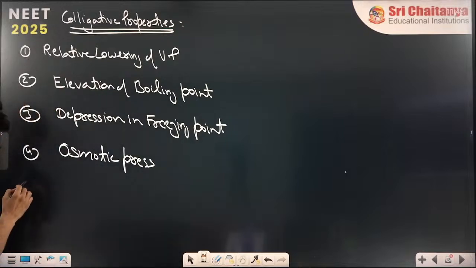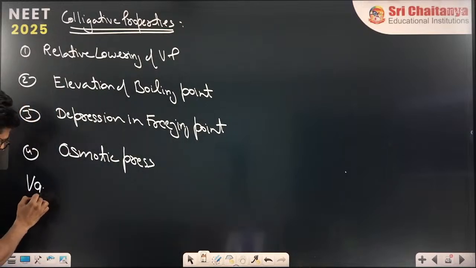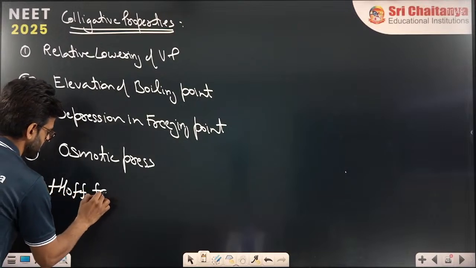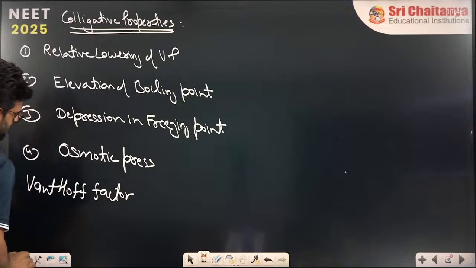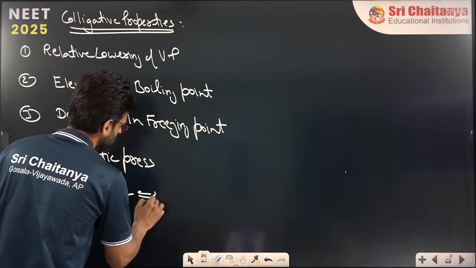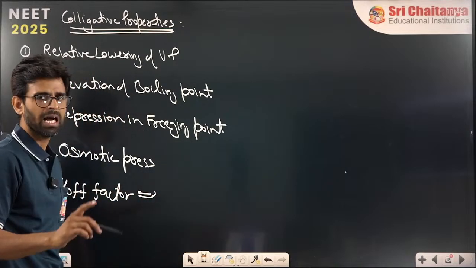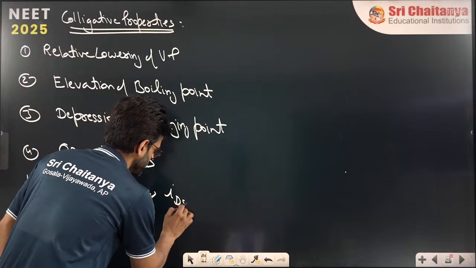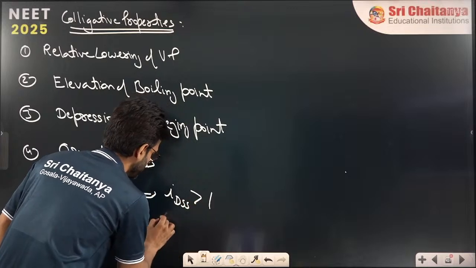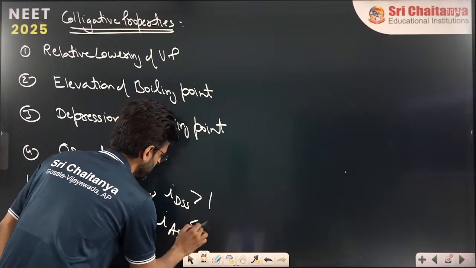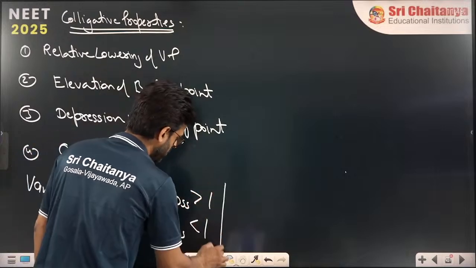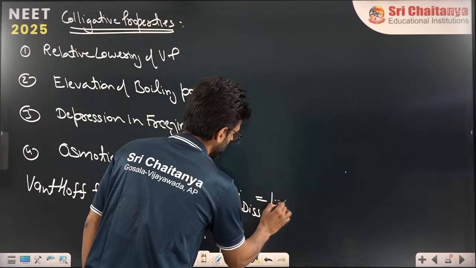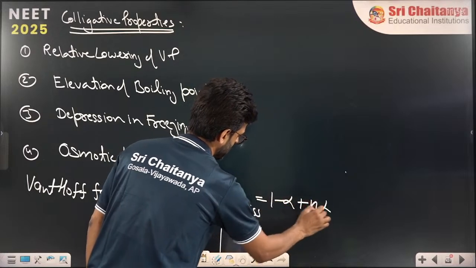Van 't Hoff factor is i. If there is no association and no dissociation, i is 1. But if there is dissociation, then i is more than 1. If there is association, i is less than 1. In case of dissociation, i equals 1 minus alpha plus n alpha.